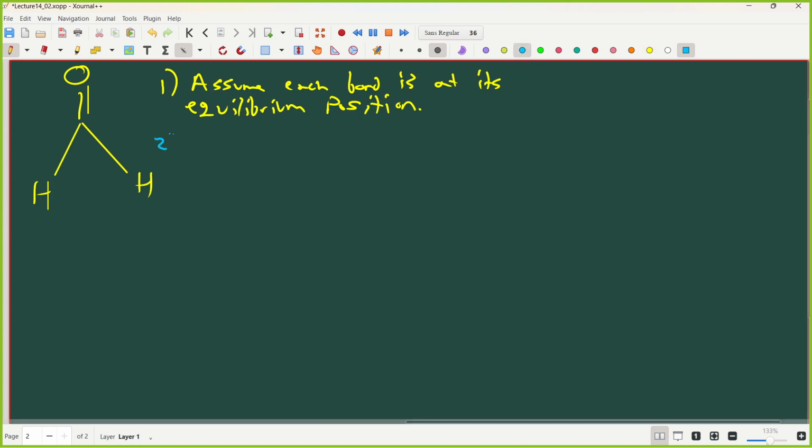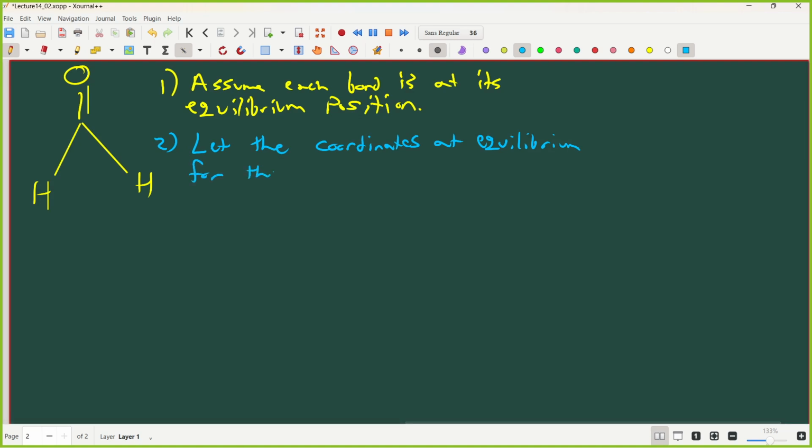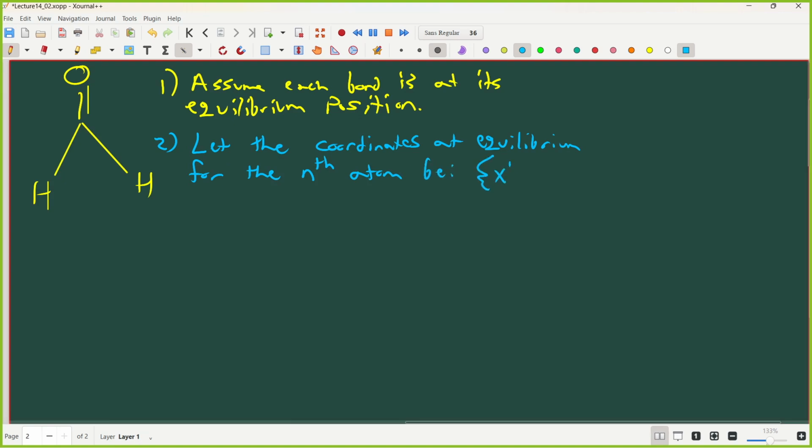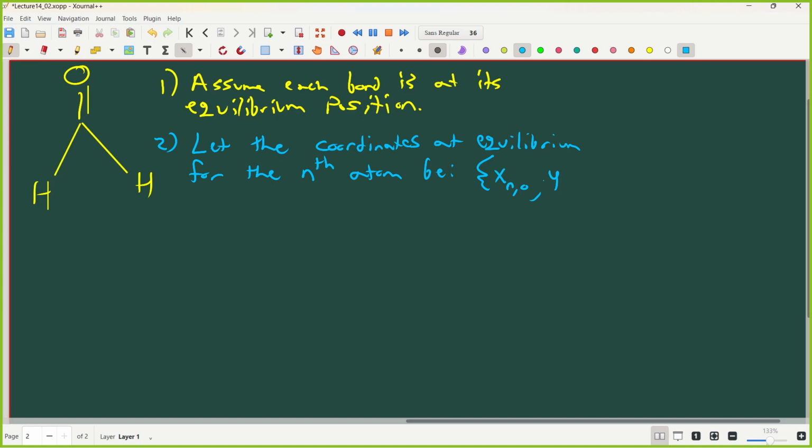So let the coordinates at equilibrium for the nth atom be x n sub 0, y n sub 0, z n sub 0.